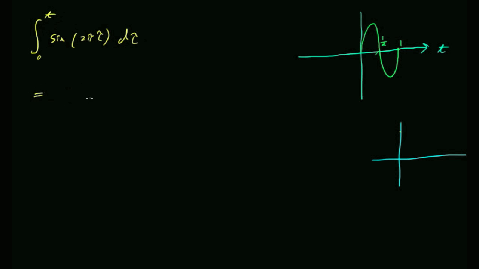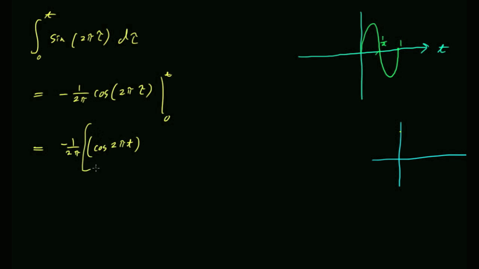Yeah, so negative 1 over 2 pi cosine of 2 pi tau from 0 to t, which is cosine of 2 pi t minus cosine of 0, and cosine of 0 is 1. So when t is 0, I get 0. When t is 0, you get minus 1 times 1, right?